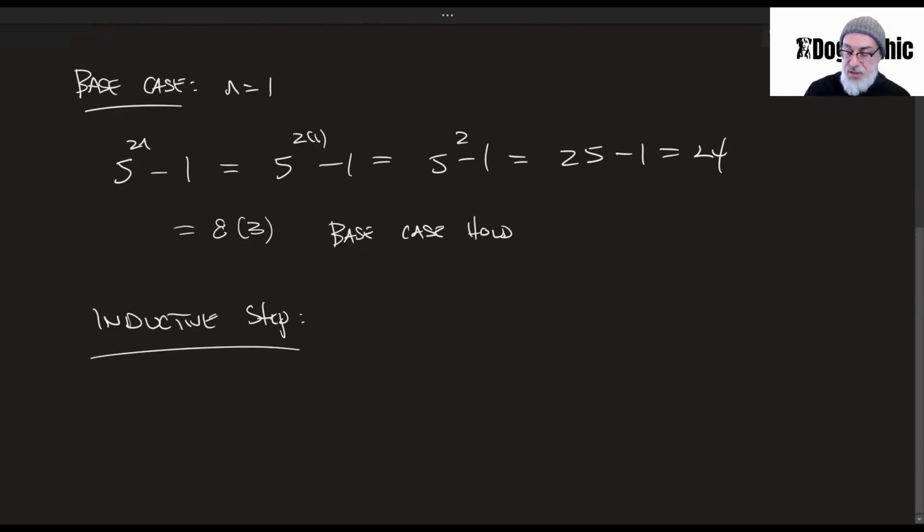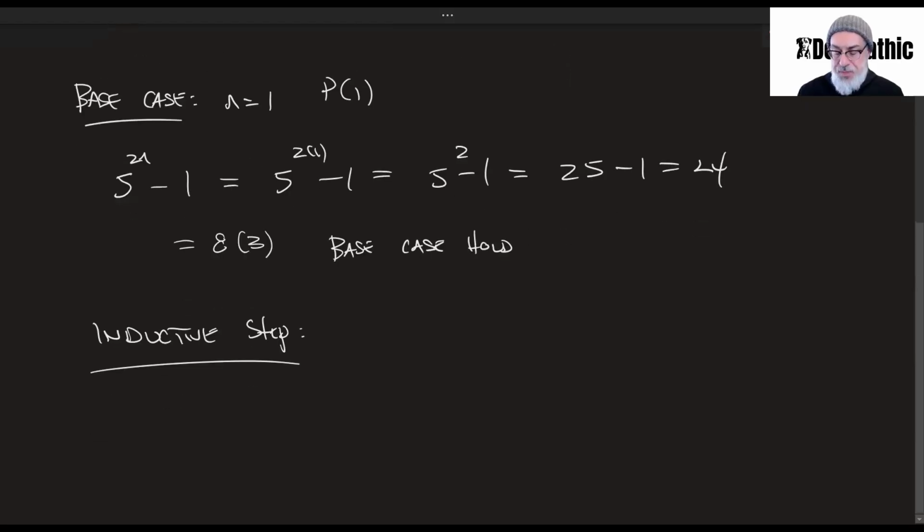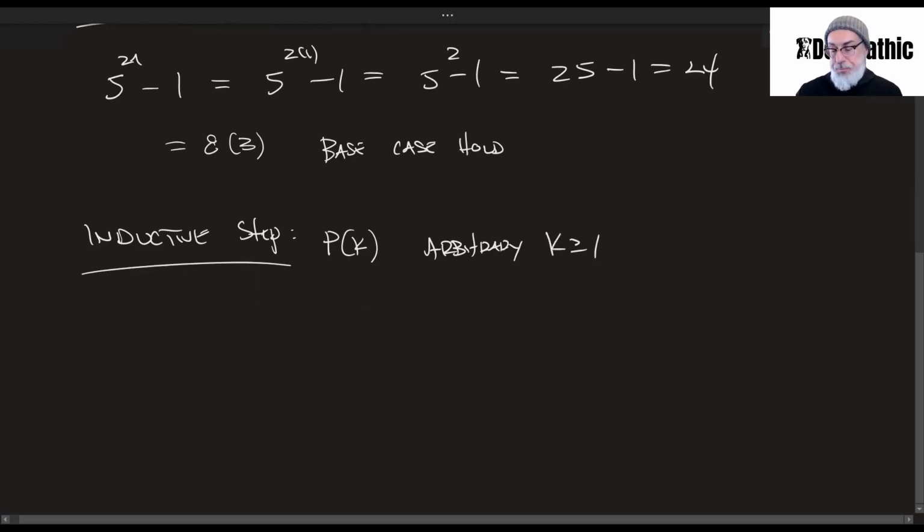As always in these videos, I forgot to write P of 1 for the base case. Now, P is the proposition that we're trying to prove, and we're saying that P of 1 is true. We've just shown that. Here, we are going to assume that P of k is true for some arbitrary k greater than or equal to 1.